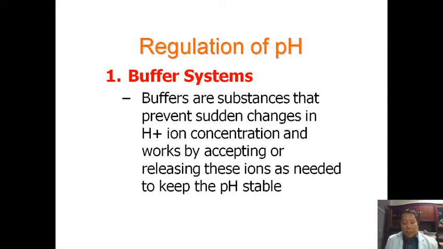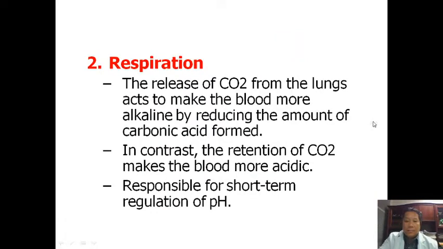The same way, if you mix sodium and bicarbonate, that will lead to sodium bicarbonate, and that's a base that can help reduce the acidity of the blood. So these buffer systems can help regulate the blood pH by either accepting hydrogen ions or releasing hydrogen ions.